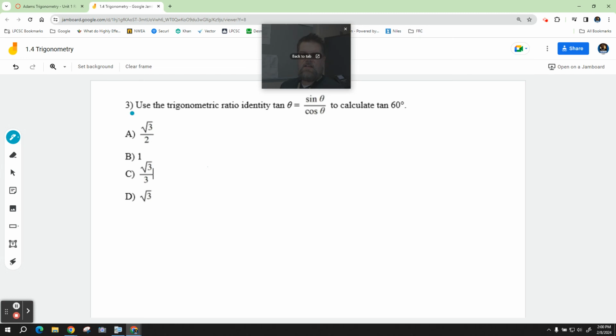So according to this, it says use the trigonometric ratio identity tangent of theta equals sine of theta over cosine of theta, then calculate tangent of 60 degrees.